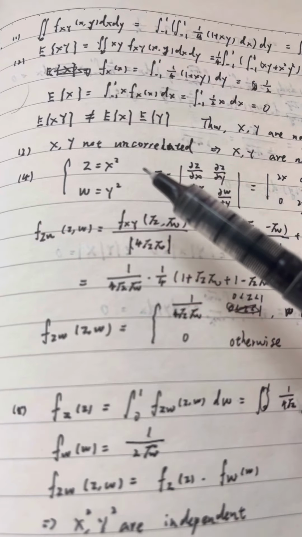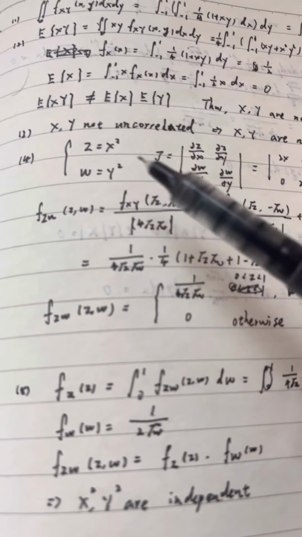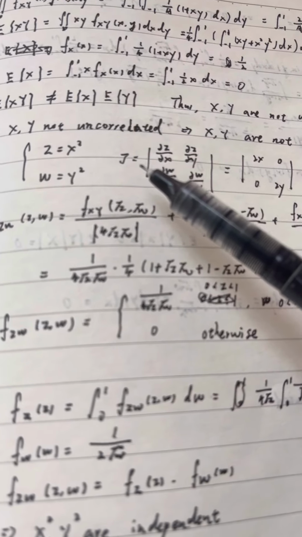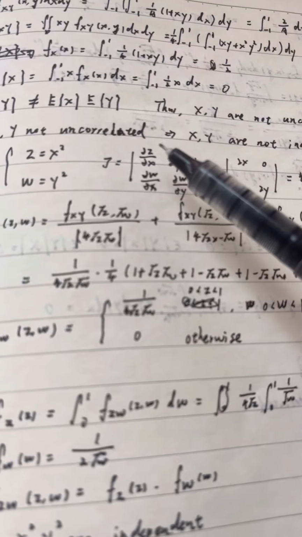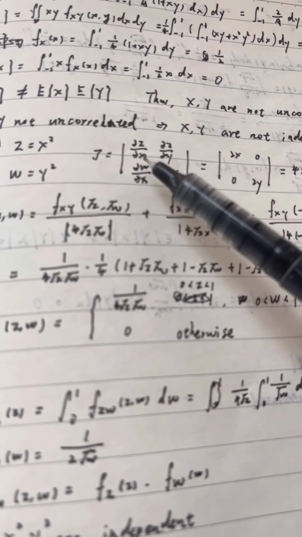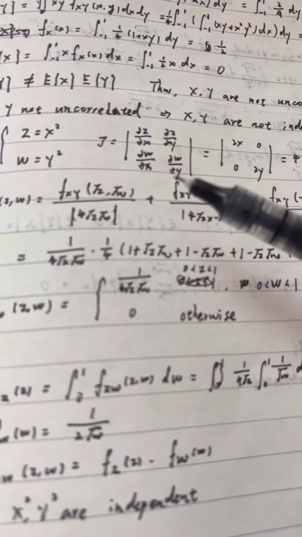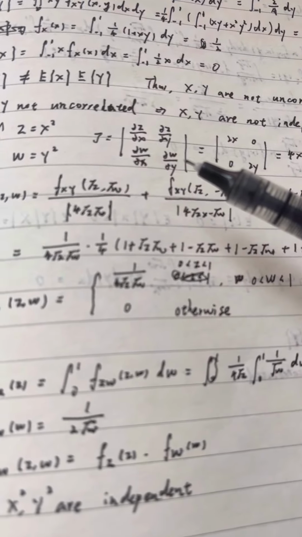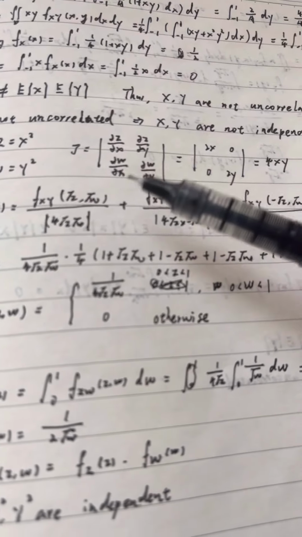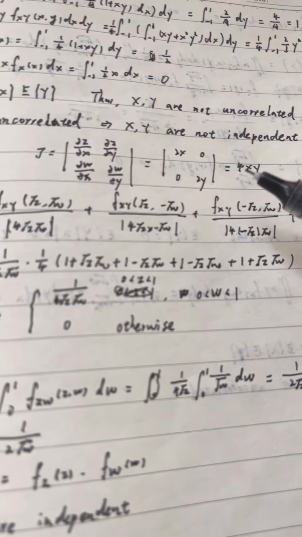So we just need to find the joint density function of Z and W. So g equals the partial derivative of Z with respect to x, the partial derivative of Z with respect to y, the partial derivative of W with respect to x, and the partial derivative of W with respect to y. And we calculated it equals 4xy.